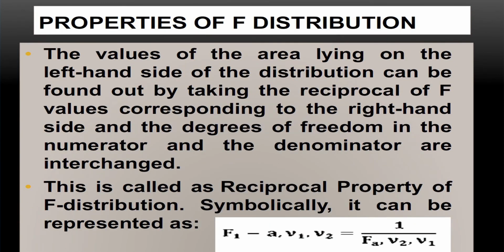The value of the area lying on the left hand side of the distribution can be found out by taking the reciprocal of F values of the right hand side, and the degrees of freedom in the numerator and the denominator are interchanged. This is called the reciprocal property of F distribution.